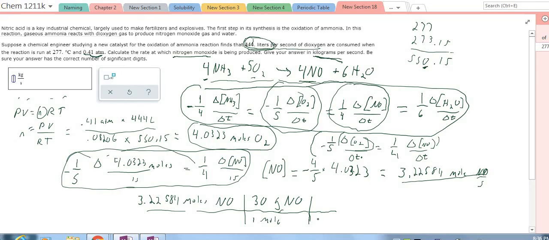So that's going to be 1,000 grams in 1 kilogram. So when I do the math right there, that's going to give me 0.09677, I'm sorry, kilograms. So those units are in kilograms.